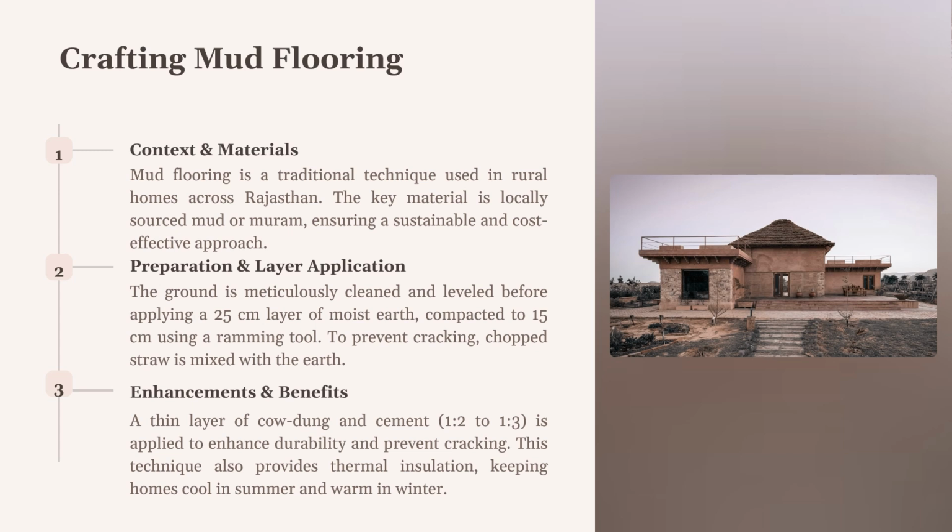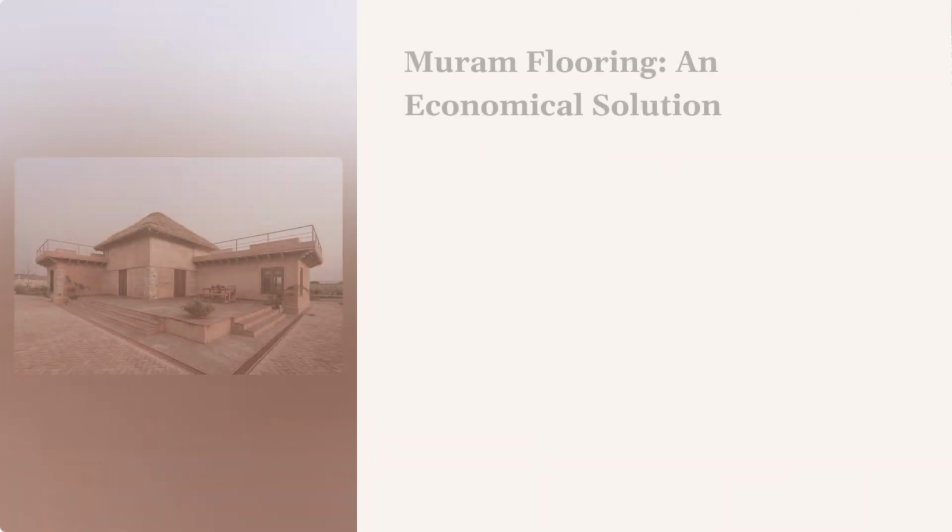Sometimes a thick layer of cow dung and cement mixture in the ratio of 1:2 to 1:3 is applied for added durability. Beautifully done. This earthy tone with textured finish not only complements the rustic charm of the surroundings but also offers excellent thermal insulation, keeping homes cool in summer and cozy during chilly winters.